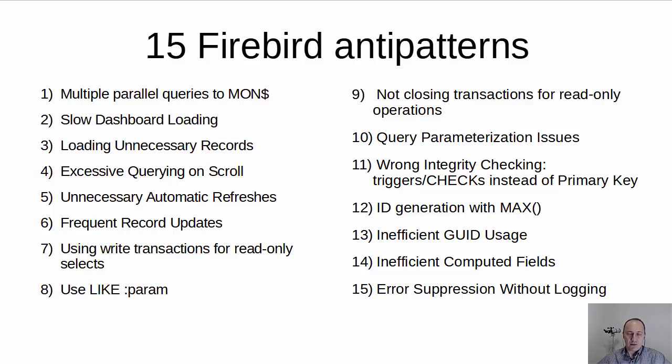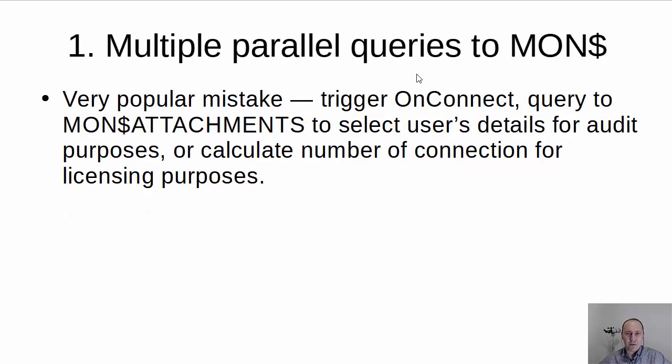So let's see. The first anti-pattern which I would like to explain is multiple parallel queries to monitoring tables. It is a very popular mistake, when the developer implements in the onConnect trigger some query to the monitoring tables. For example, many developers want to implement audit.